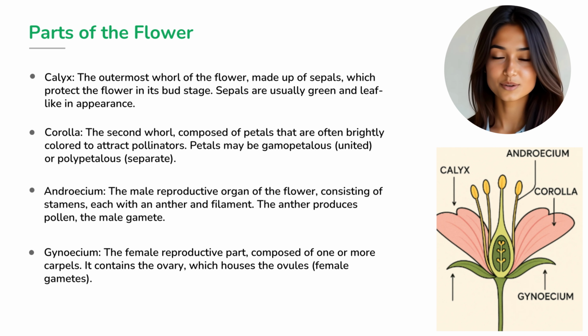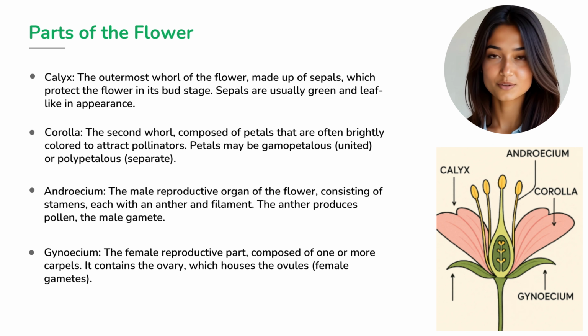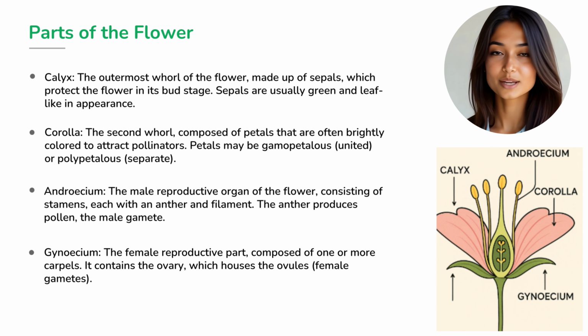These are the colorful, often fragrant parts of the flower that attract pollinators. Just like bees are drawn to a bright red hibiscus, the petals act as a beacon for the creatures that will help the plant reproduce. You might hear the term gamopetalous when petals are joined, or polypetalous when they are separate.